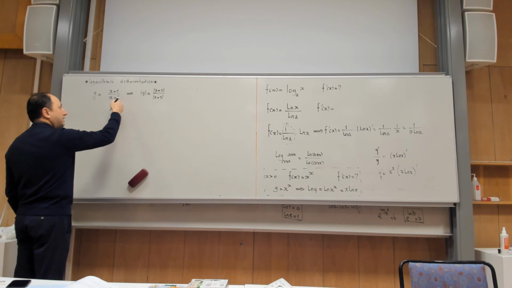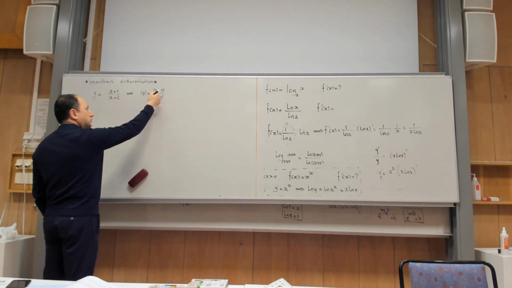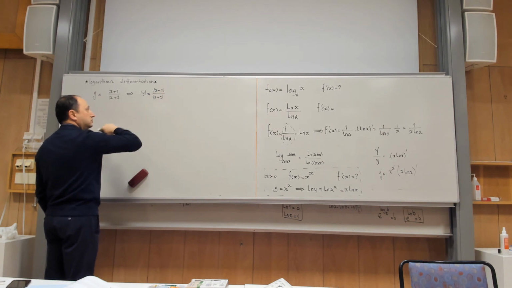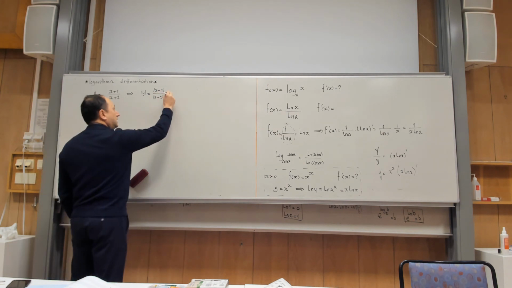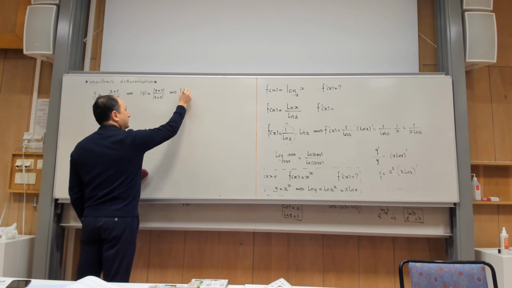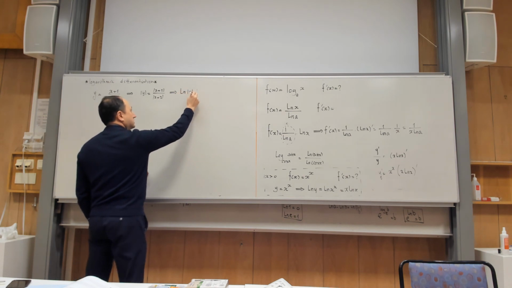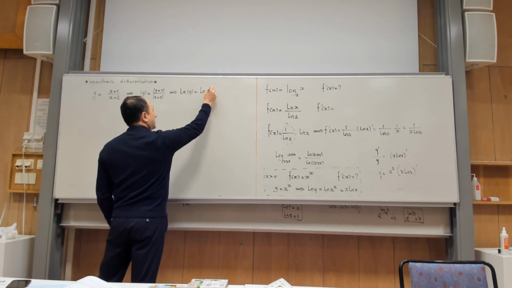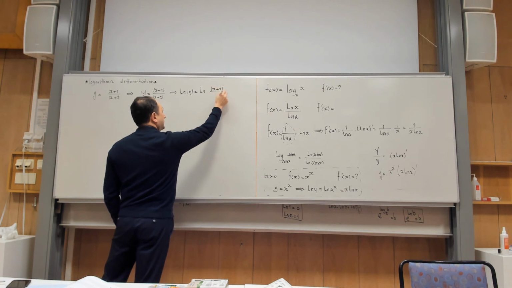If this number is equal to that, then absolute value of this one is equal to absolute value of this fraction. But we have a formula: absolute value of a fraction is equal to the absolute value of the numerator divided by absolute value of its denominator. And now if I take ln, I don't have any problems because these numbers are positive now. So then it becomes ln of absolute value of x plus 1 over absolute value of x plus 2.